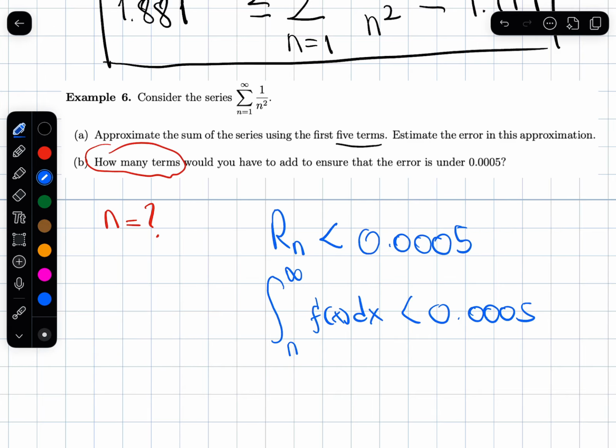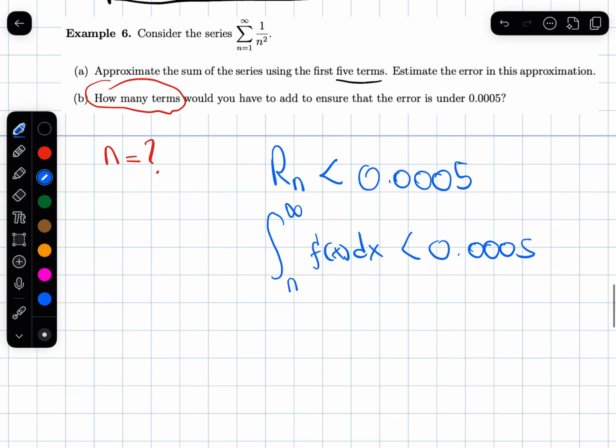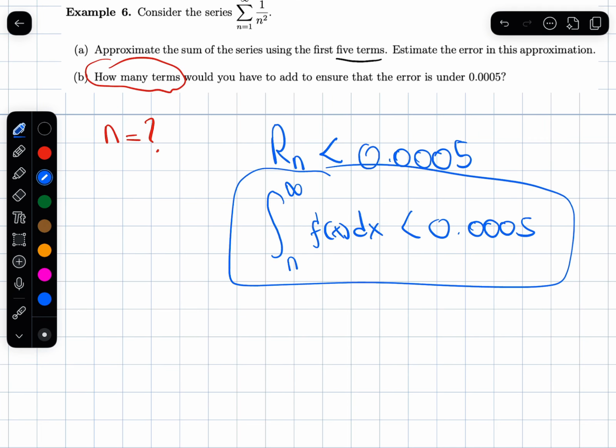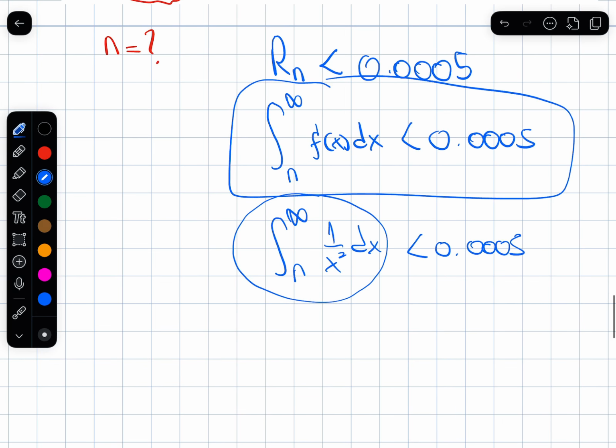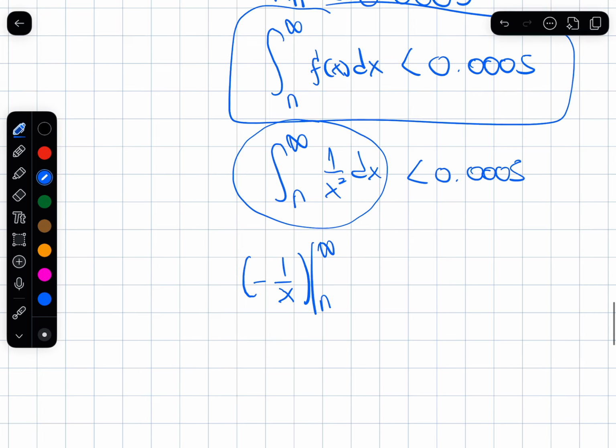Because we know Rn is less than this integral. If for sure the integral is less than 0.0005, then so is Rn. So I can solve this inequality. I solve this integral and set it to be less than this. I'm going to solve the left-hand side first. As you know, this is going to be minus 1 over x from n to infinity.